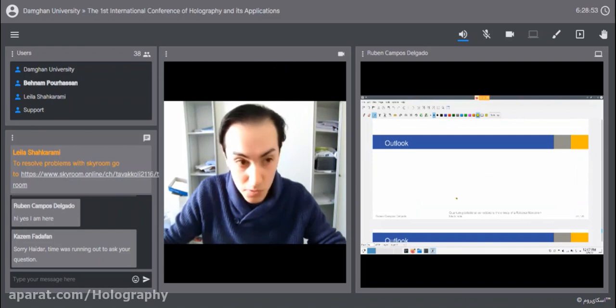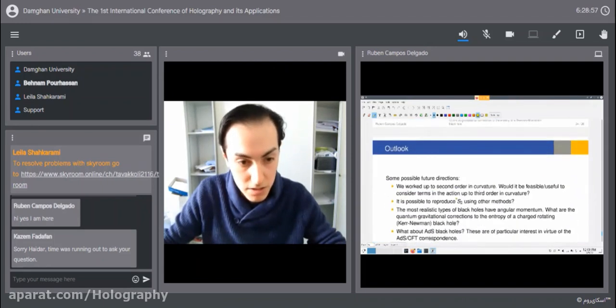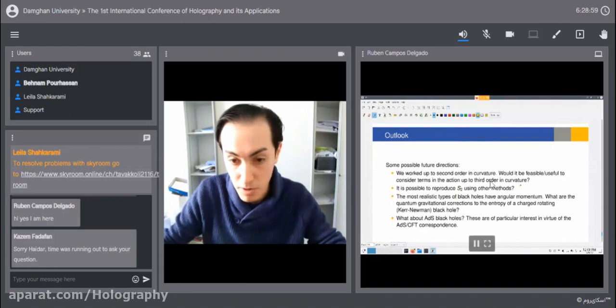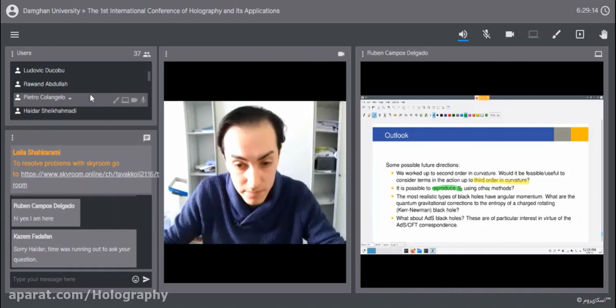Okay, so to conclude, let's see the possible future directions which stem from this work. So first, one could try to do the whole calculation up to third order in curvature, since we did this to second order. Then one can ask if it is possible to reproduce S2 with some other methods.